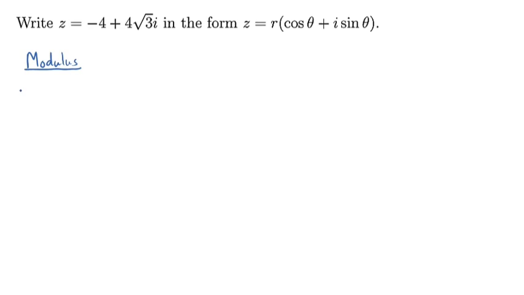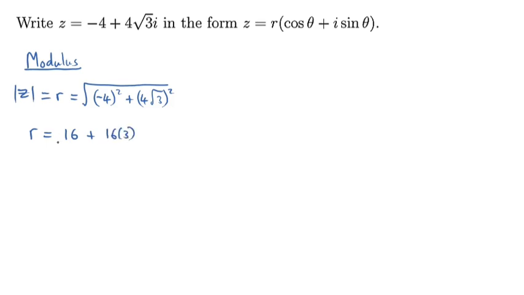So to find the modulus of z, which is our value of r, this will be given by the square root of (-4)² + (4√3)². So r = √(16 + 16 × 3).